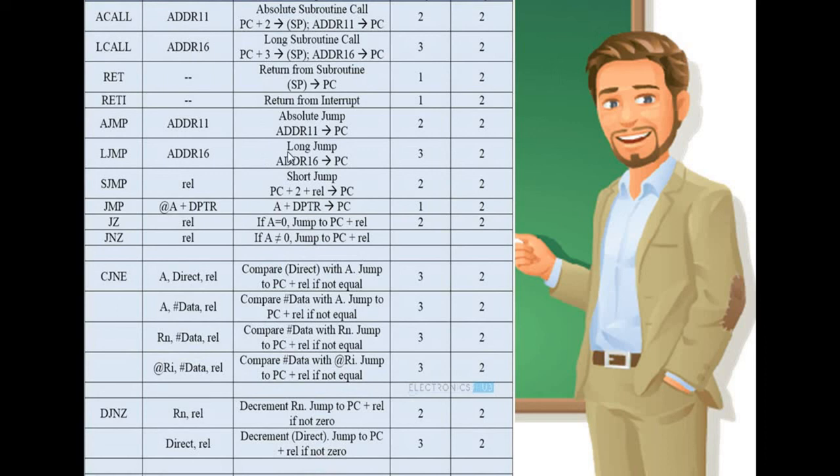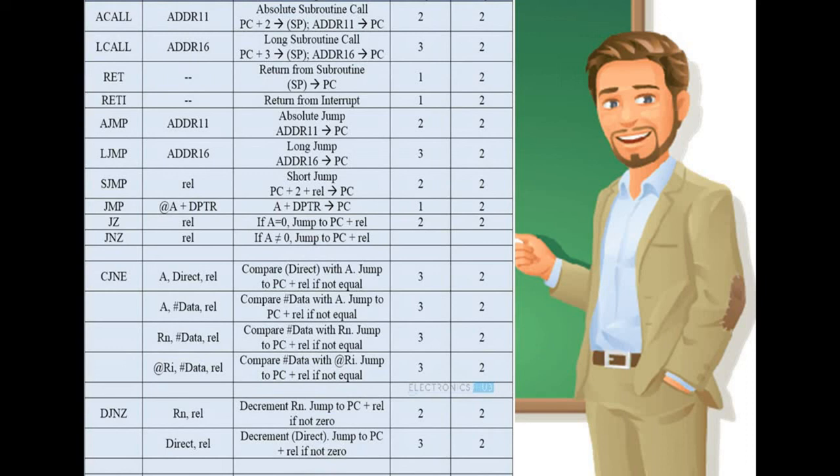Here, a long jump means suppose you are writing a program of more than 2000 instructions, and in order to execute the 500th instruction, the value required to perform that instruction is at the 250th instruction.